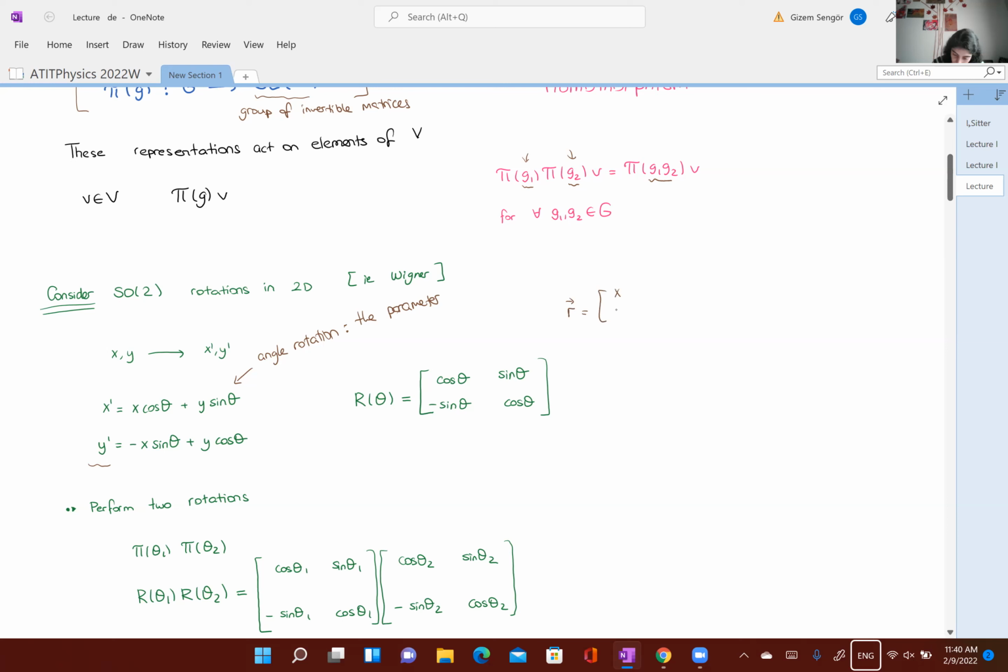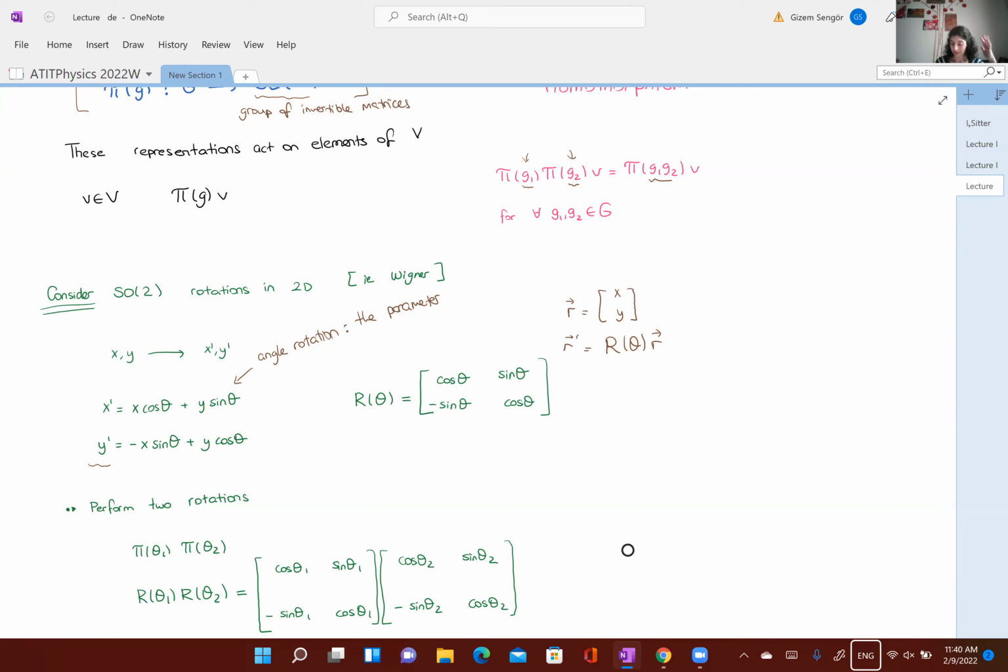Let's call R this vector (x, y). So we can say that R prime is just this matrix, capital R of theta, acting on the vector R. Okay? Now, we've written down a matrix.